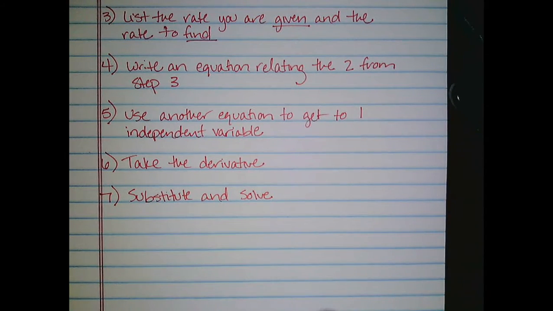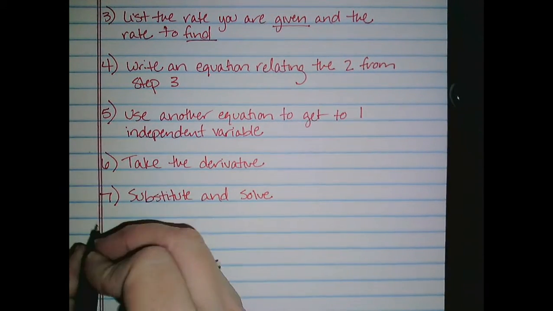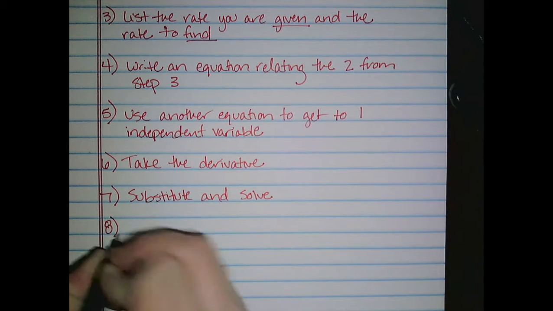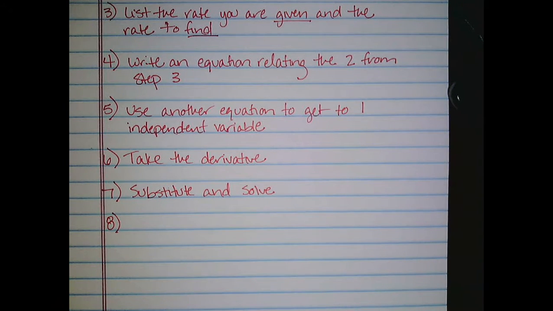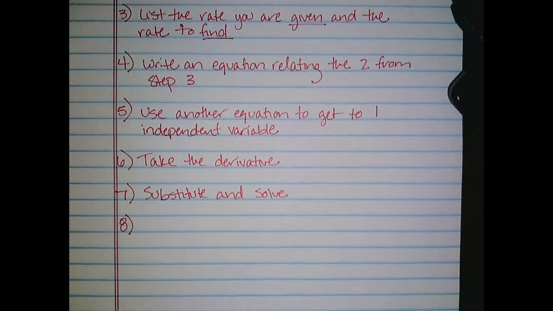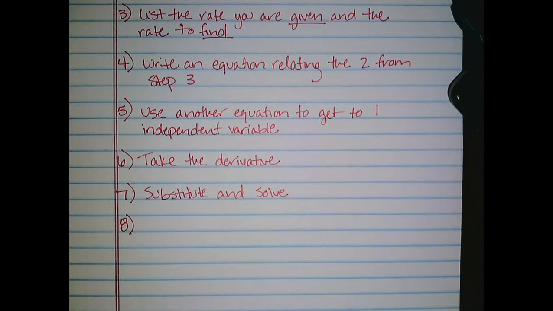And once we have solved, we can take our solution and clarify what it means in context to the problem by writing a sentence that has our answer with correct units.